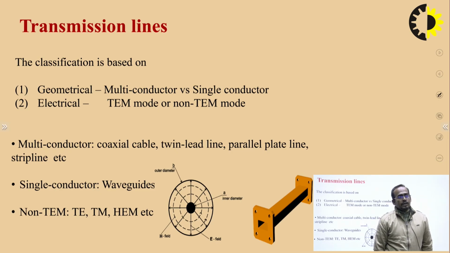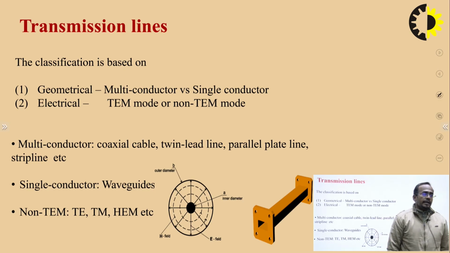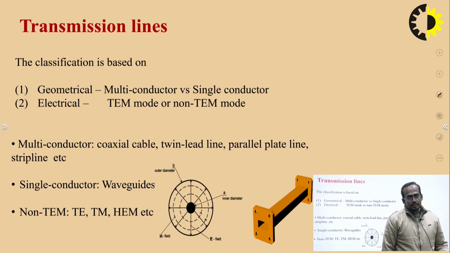In transmission line we use two types of mode, TEM mode or non-TEM mode. Multi-conductor transmission lines include the coaxial cable, twin lead line, parallel plate line, microstrip line, etc., and in single conductor we use the waveguides.